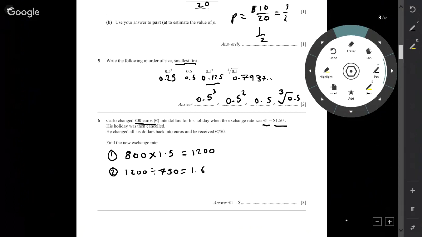His holiday was cancelled, so he changed his dollars back into euros. He received 750. So we're going to divide his dollars by 750, which is what he got back, to find the exchange rate, which means that €1 equals $1.60.